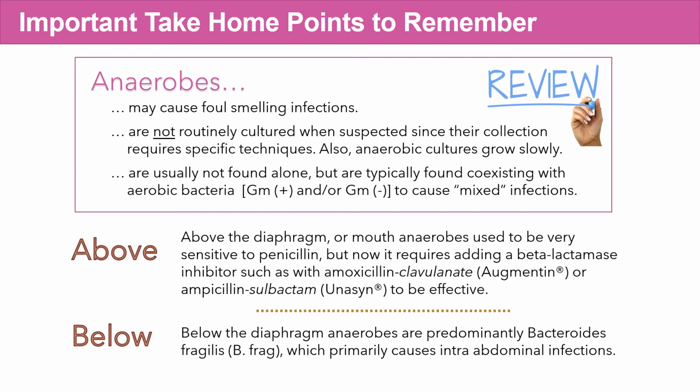Above the diaphragm or mouth anaerobes used to be sensitive to penicillin, but it now requires antibiotics that have a beta-lactamase inhibitor. Below the diaphragm anaerobes are predominantly Bacteroides fragilis or B. frag, which primarily causes intra-abdominal infections.